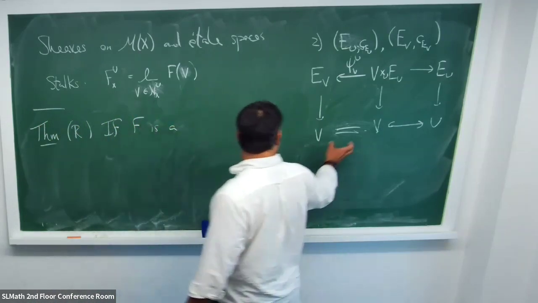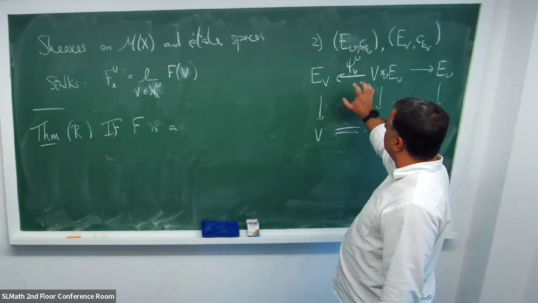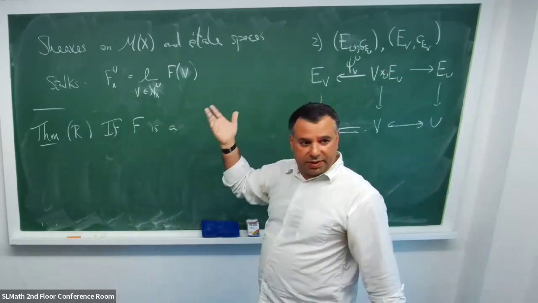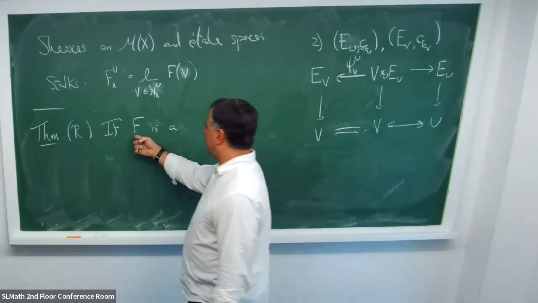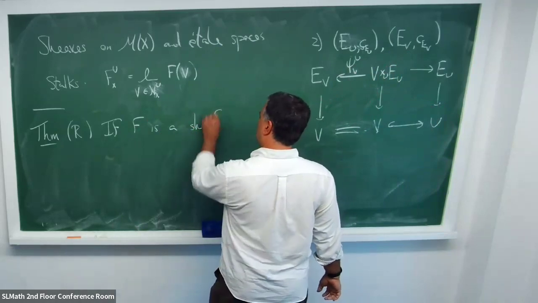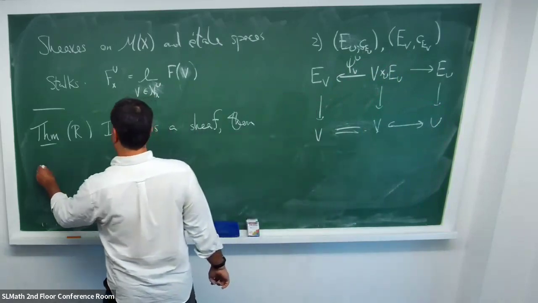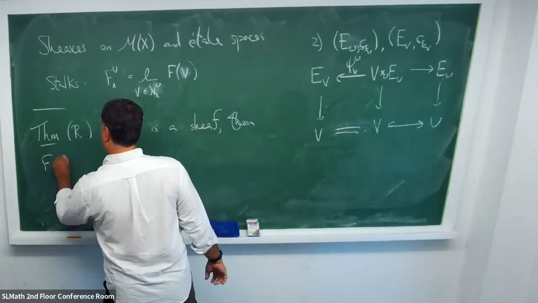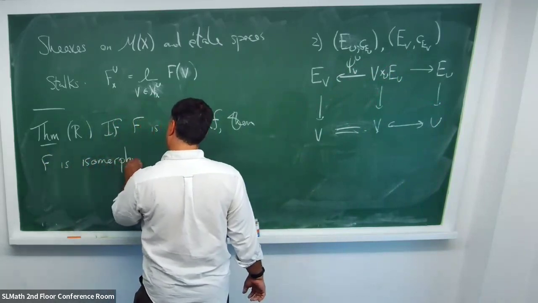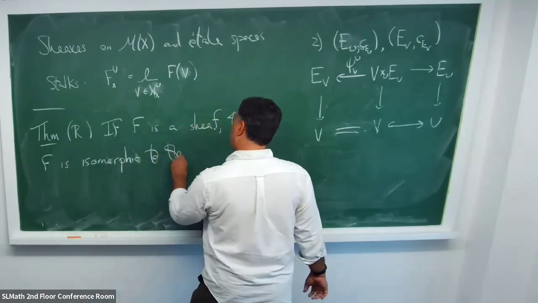The other thing that's extremely convenient is that the sections here, the continuous sections, are not necessarily a sheaf, but they are a pre-sheaf at least. But if I start with a sheaf, then F is isomorphic to the sheaf of sections.